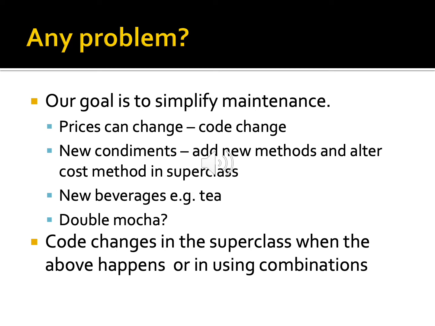For example, if there is a new flavor of beverage, say tea, and there is a double feature, a single feature you have to add two times, imagine how many times you have to modify the super class, the base class of the beverage class. So making code changes in the super class when a bug happens, or using this combination, is not the recommended solution.